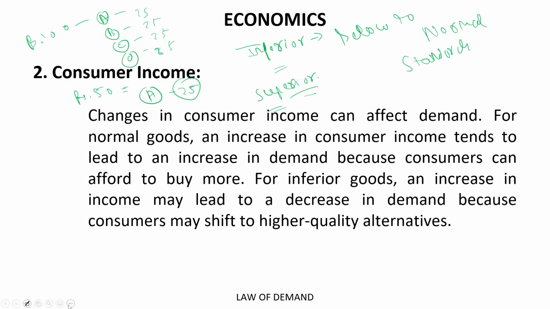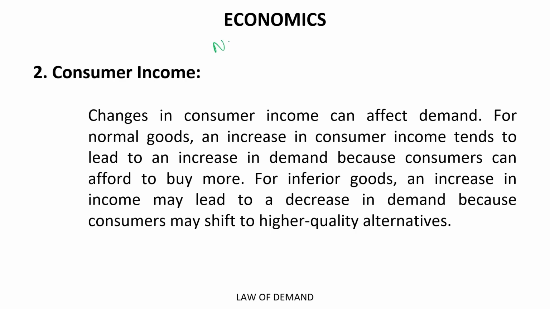So basically you can say, in case of normal goods, a rise in income leads to a rise in demand, and a decline in income leads to a decline in demand.